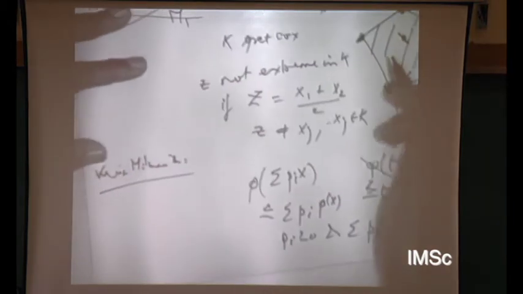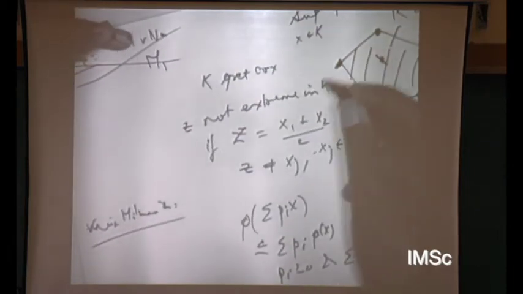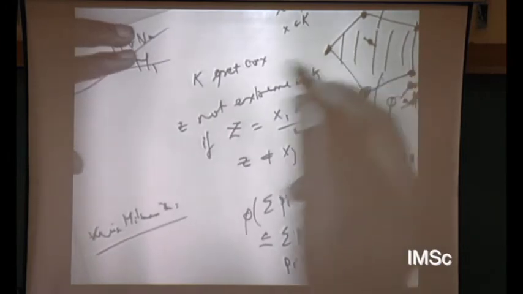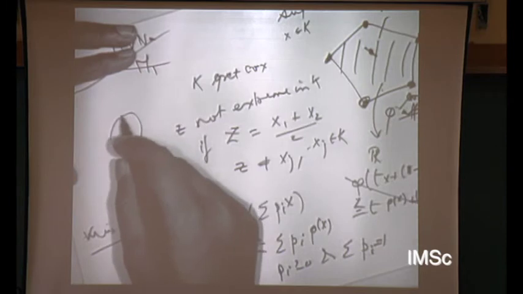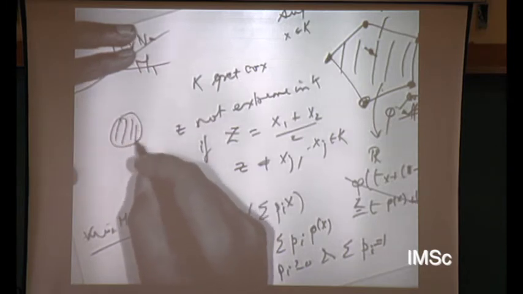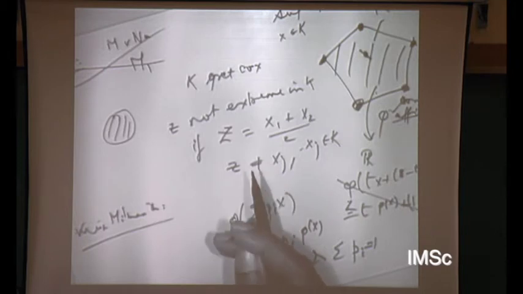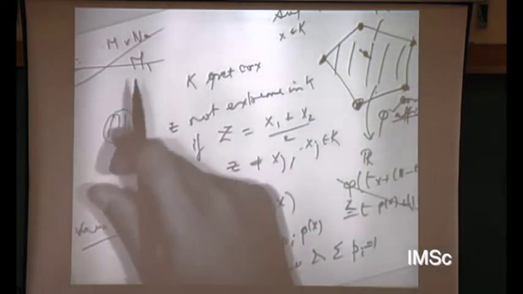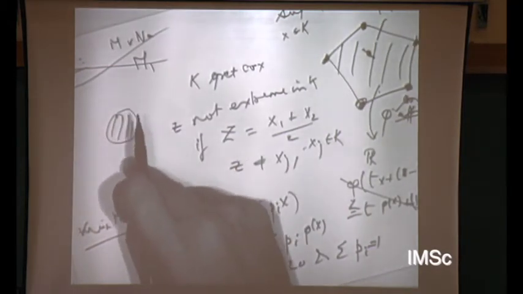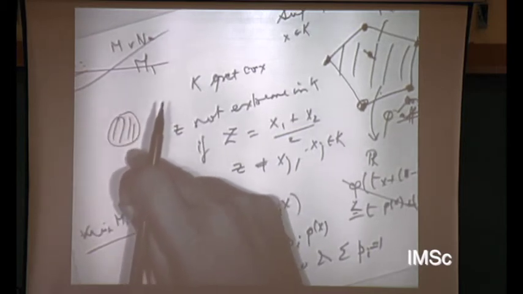So in general, convex sets can be quite complicated. Even in finite dimensions, if we take the unit disk, that is a compact convex set, but it has infinitely many extreme points. You cannot say that everything here is a convex combination of extreme points. You will have to take limits.